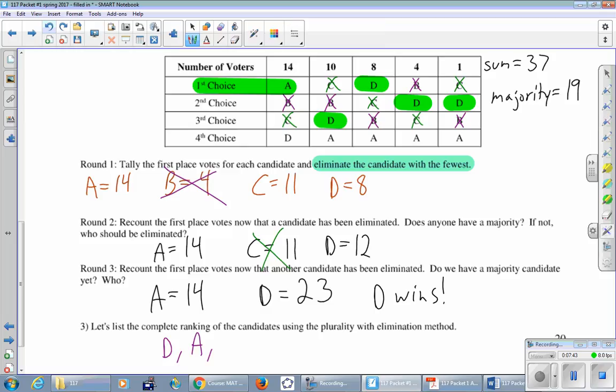And then if we go one round earlier, we've already got A and D ranked, but C was eliminated there. So it seems fair to say that C should be our third place candidate, and then our last place candidate would be whoever was eliminated first, and that was B. So B comes in last in this election. So there's our ranking, DACB.